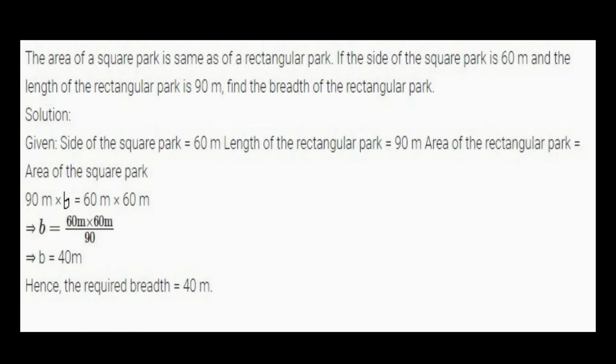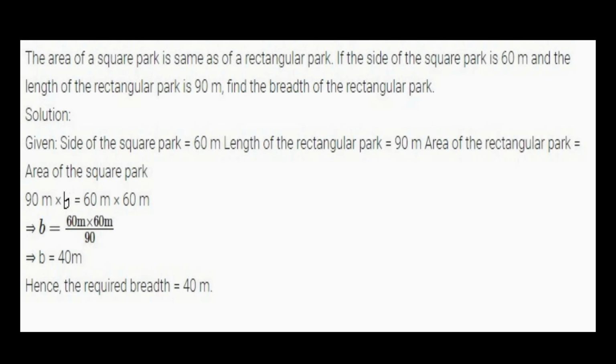And what we know is that the area of the rectangular park is equal to the area of the square park, right? So if we form an equation, basically the area of the rectangle must be equal to the area of the square. So what is the area of the square? That is side square. That means side is given as 60 meter. So side square means 60 into 60.